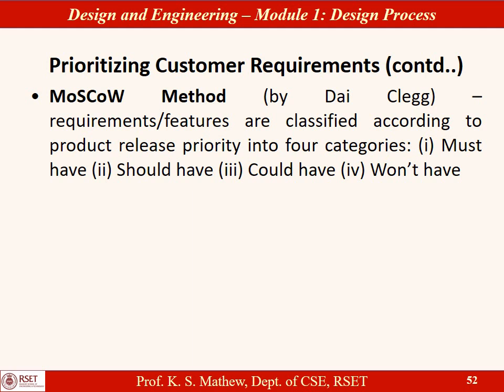The customer requirements will be put into different categories based on the priority. So the MoSCoW method prioritizes the requirements by classifying them into four categories. M stands for must have, S stands for should have, C stands for could have, and W stands for won't have.